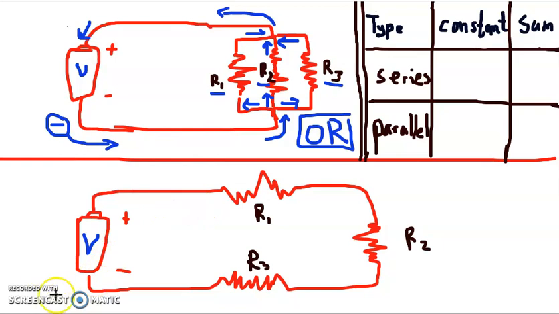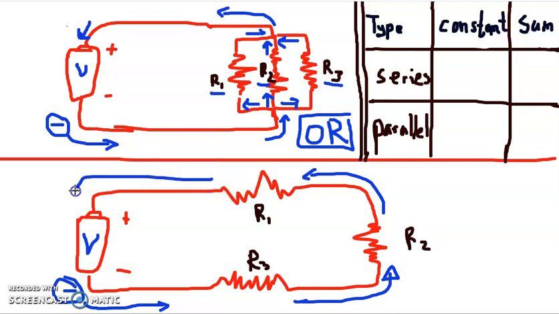Let's contrast that with this here. As an electron is flowing through here, it must go through the first one or stop. Let's just assume it's continuing around the whole circuit. So it must go through this one, and then as it continues, it must go through this one. There's no choice. Then it must go through this one, and then it ends up back here.